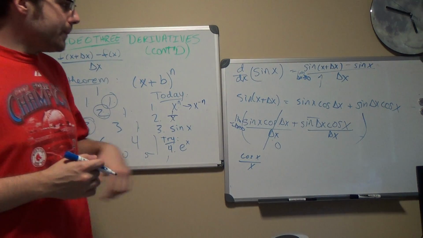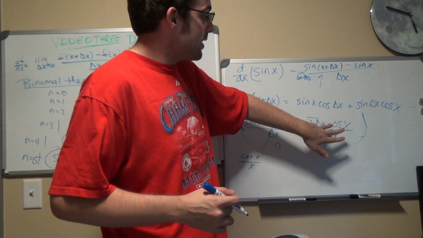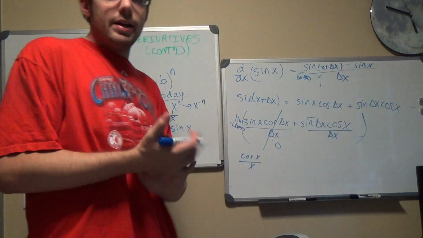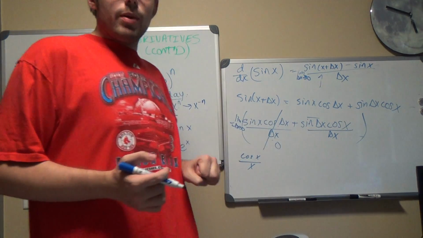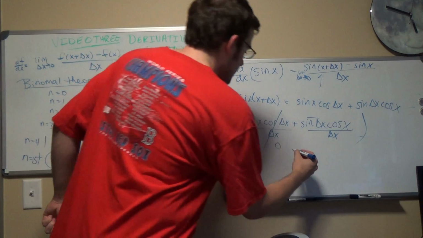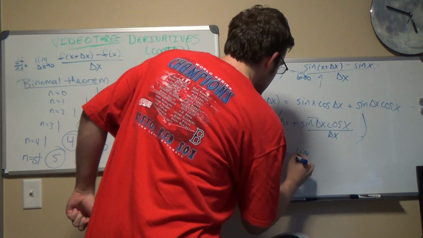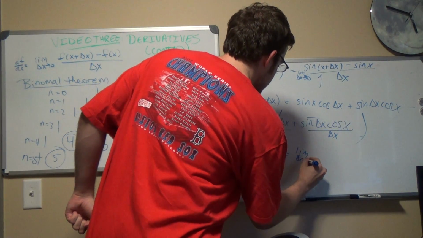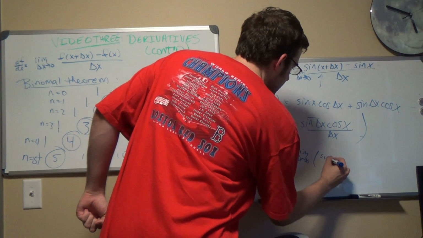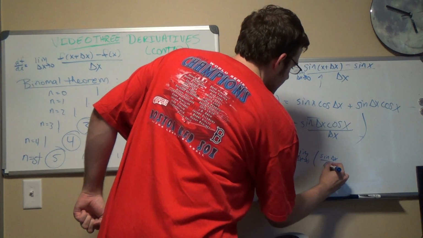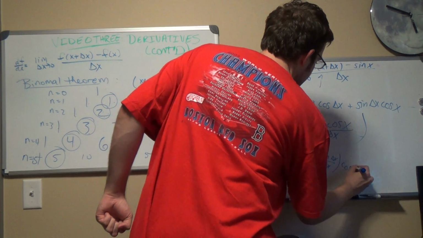Here's the interesting part. Sine of delta x times cosine of x divided by delta x. If you can remember from the last time, so now our term is the limit as delta x approaches 0 of, let's put this in parentheses, sine of delta x divided by delta x, times cosine of x.